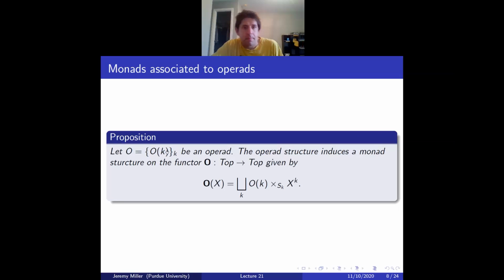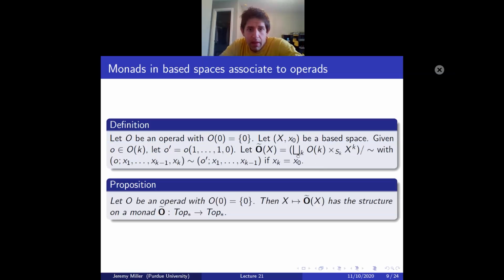So if O is an operad, then the operad structure makes this functor, that sends a space X to the disjoint union of the kth space of the operad, crossed over the symmetric group with the space X to the k, get the structure of a monad.